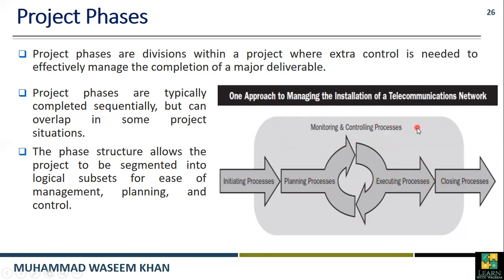This whole diagram here is the phase. This is a single phase. For example, you can see here one approach to managing the installation of a telecommunication network. If you are going to install a telecommunication network and that requires a single phase, then this would be a single phase for that particular project.